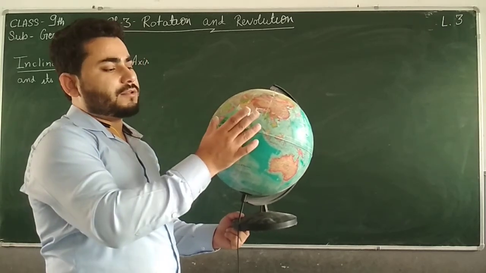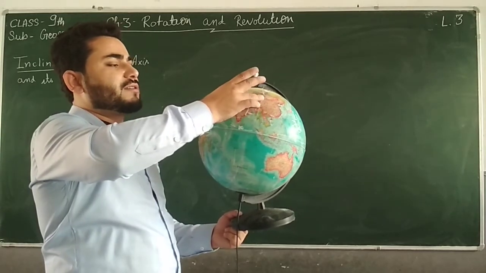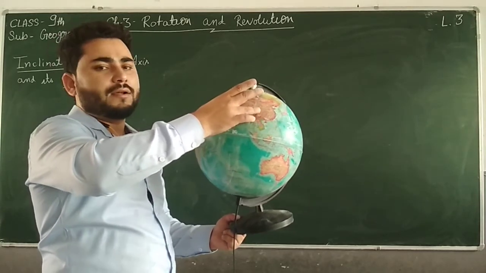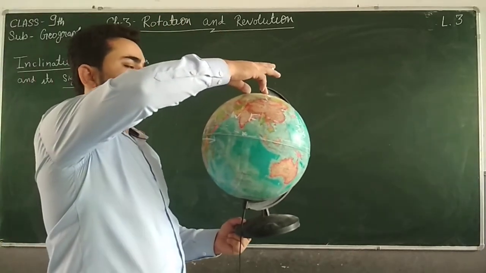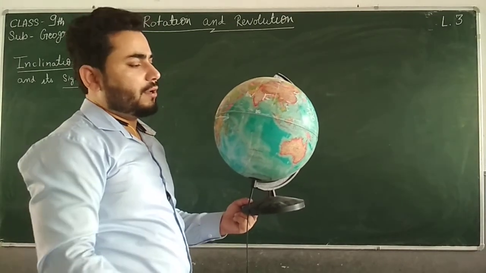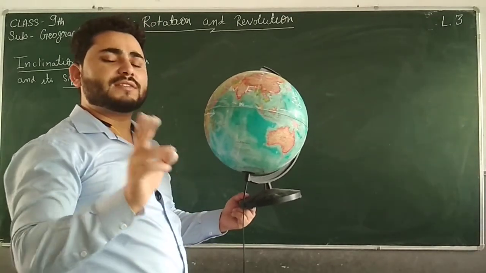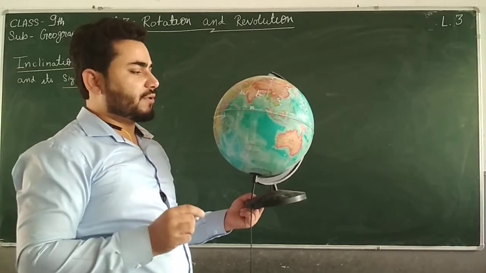If it was summer here, it would have remained summer. If temperature is low here or moderate here, then the temperature will remain moderate throughout the year. If here temperature is low, then it would have remained winter season here throughout the year. So one season will remain throughout the year at different places.